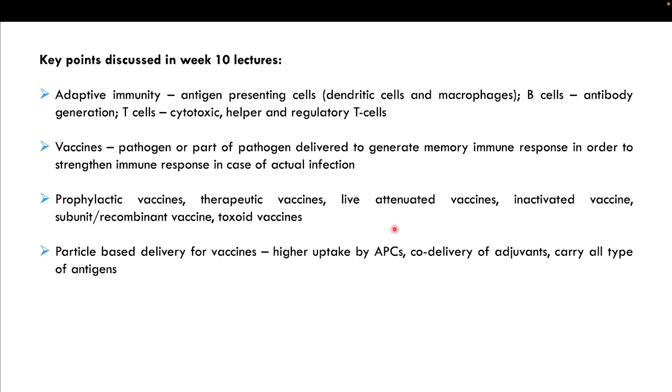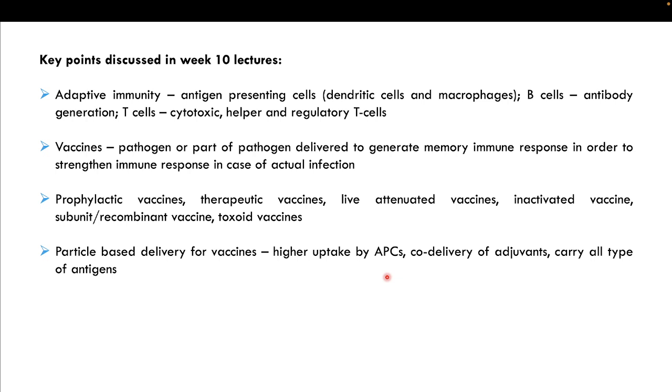So we can develop micro or nano formulations of these vaccines. You take the molecule which is going to act as a vaccine, encapsulate it into a polymer, make microparticles of these, and then deliver. Now your APCs, which are your antigen presenting cells, will have a much higher uptake that will then launch a very strong immune response.